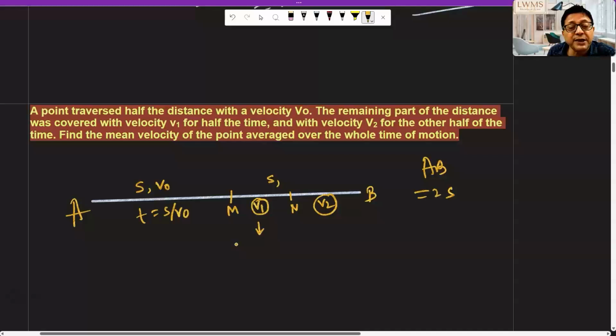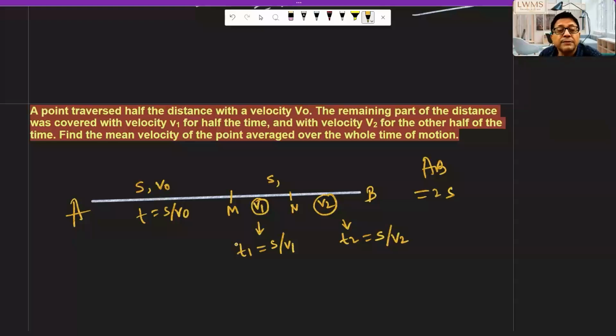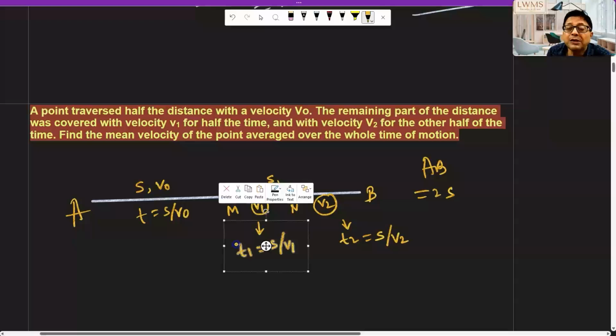So what is the time here? t1 is s by v1. What about this time? t2 will be s by v2. I hope you have understood. This is clear. And the total distance is 2s.